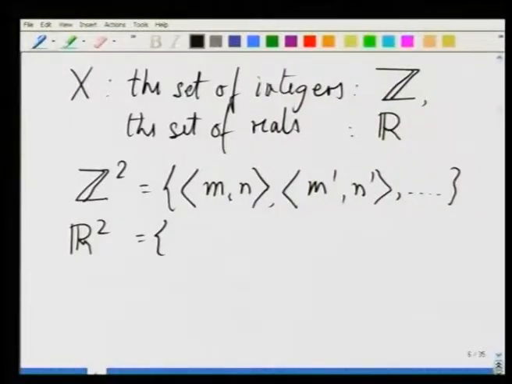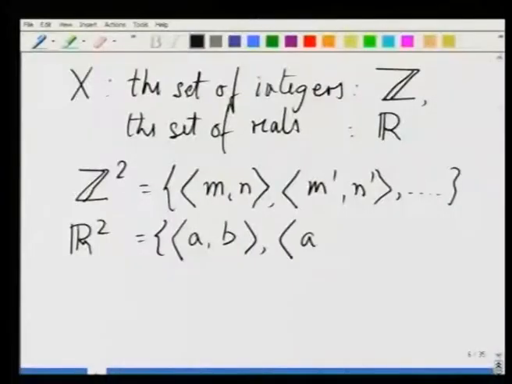That means, it consists of ordered pairs of real numbers (a, b), (a', b'), and so on.